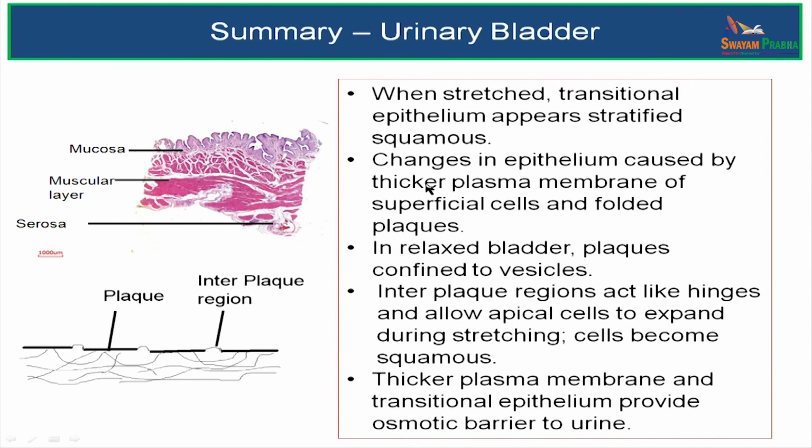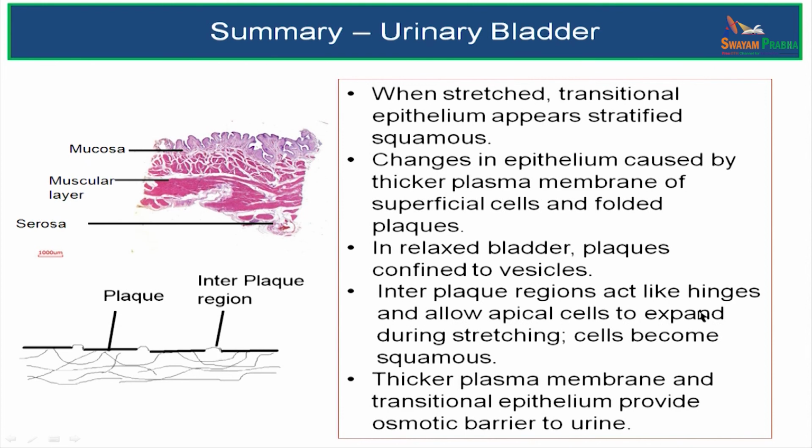The changes in the epithelium, that is from umbrella cells or dome shaped cells in the surface layer to squamous cells in the surface layer, a change in the shape of the cells, is because of the thicker plasma membrane of superficial cells and folded plaques. In a relaxed bladder, the plaques are confined to the vesicles.